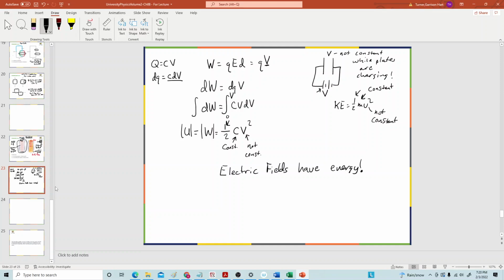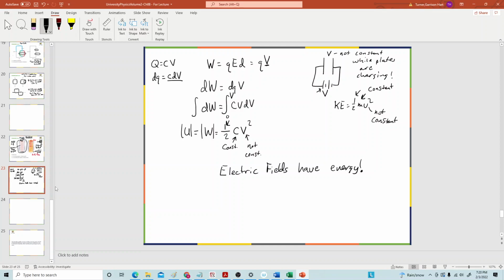This will become very important down the road. Okay? Electric fields have energy, and this will become very important down the road. We can take this a couple of steps further.